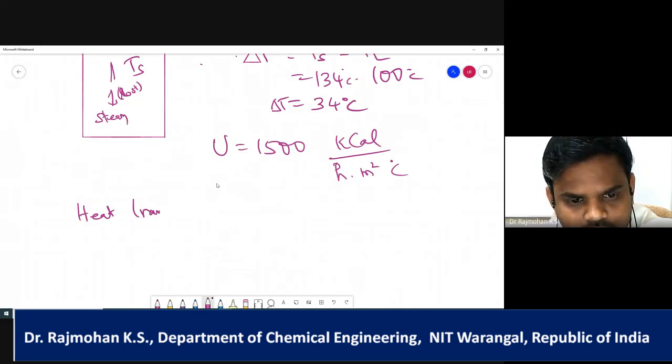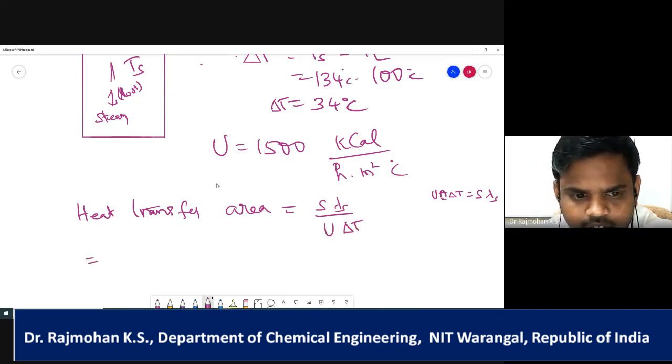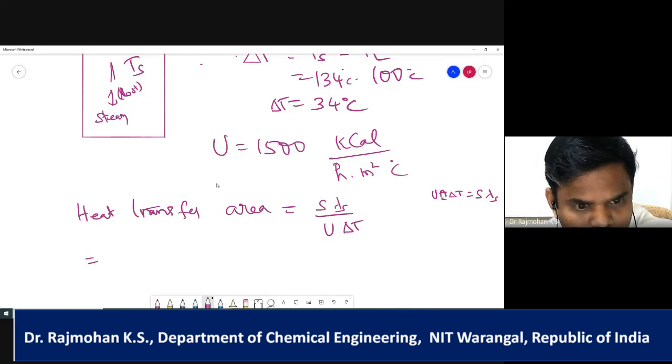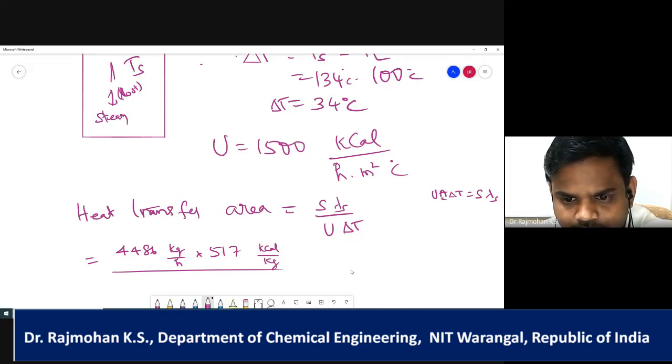Heat transfer area is equal to, UA delta T equal to S into lambda S. So A is equal to S into lambda S by U delta T. Substituting, what is your S value? 4486 kg per hour into lambda S value is 517, kilocalorie per kg, divided by U value.